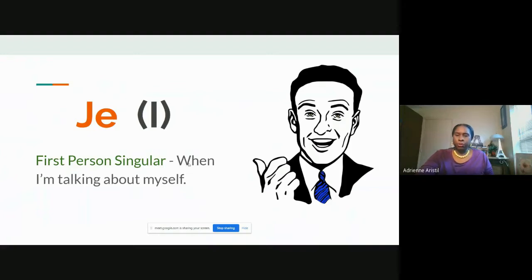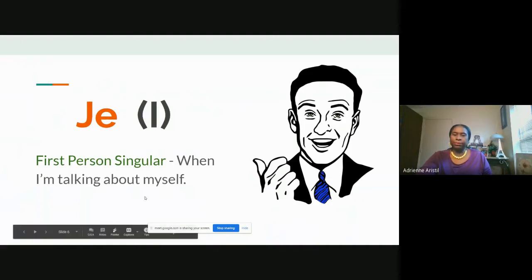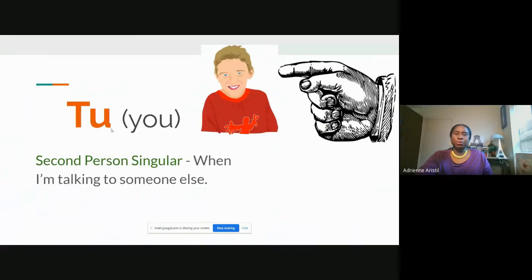When do you use je? You use je when I am talking about myself. The second person is tu. When do you use tu? You use tu when I am talking to someone else.